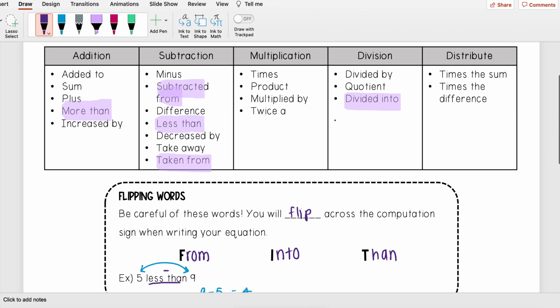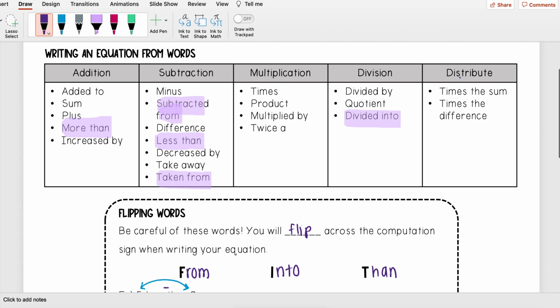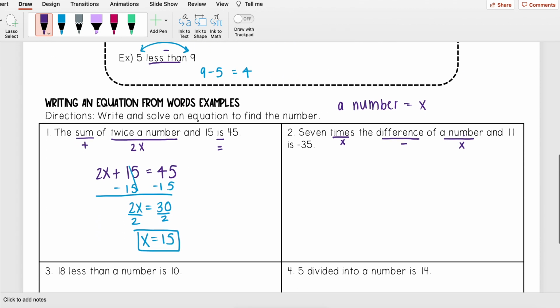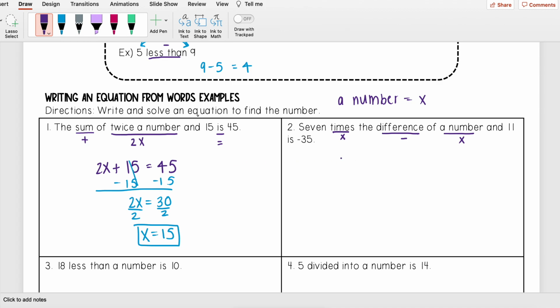So if we go back up to our table, that means we're going to be using our distributive property here. So when I'm writing this out, I have 7 times, parentheses, the difference of a number and 11. So that's going to be x minus 11, and then equal negative 35.